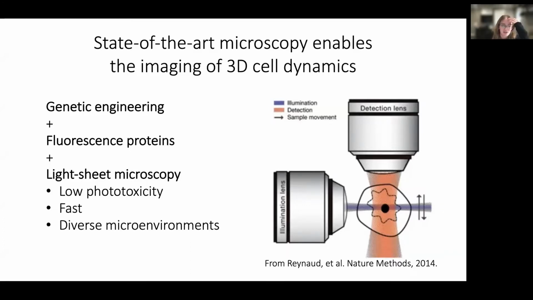And we have high resolution light sheet microscopy that can image in 3D at speeds fast enough to capture cell movements, okay? So this is, I think, a great time to be in the field because we can only now actually tell what cells are doing.